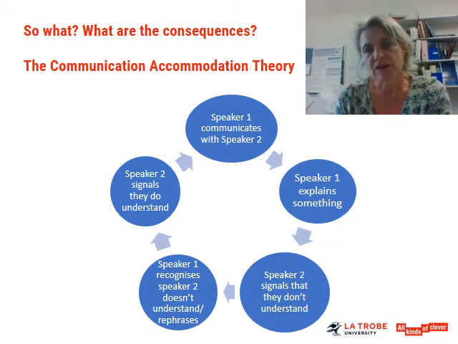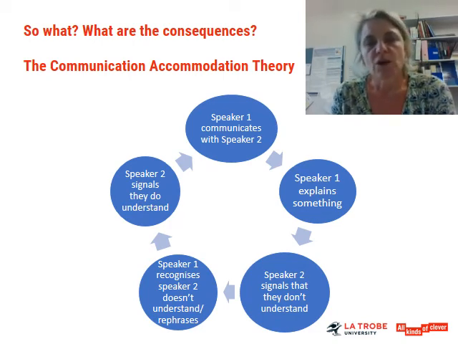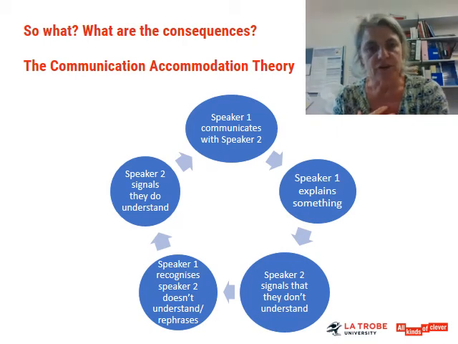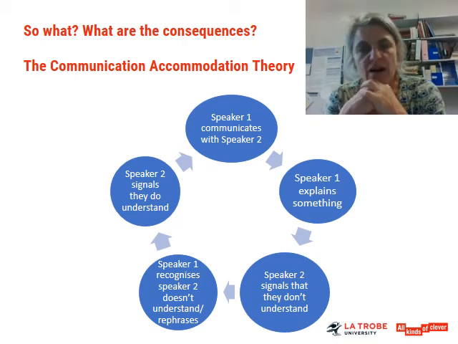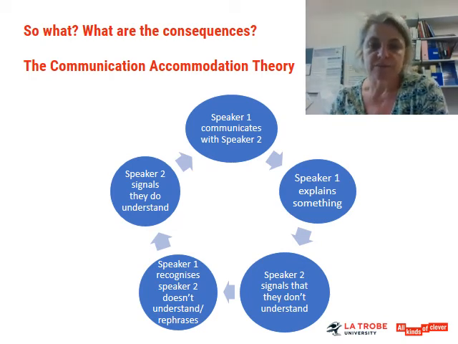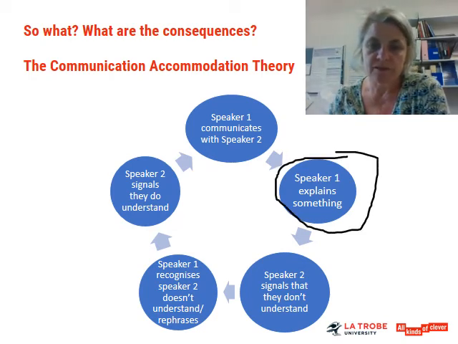So if you imagine we were talking to each other in a room together at the same time, let's say I'm speaker 1 and you'd be speaker 2. I might say something to you. So speaker 1 explains something. Okay, here we are.